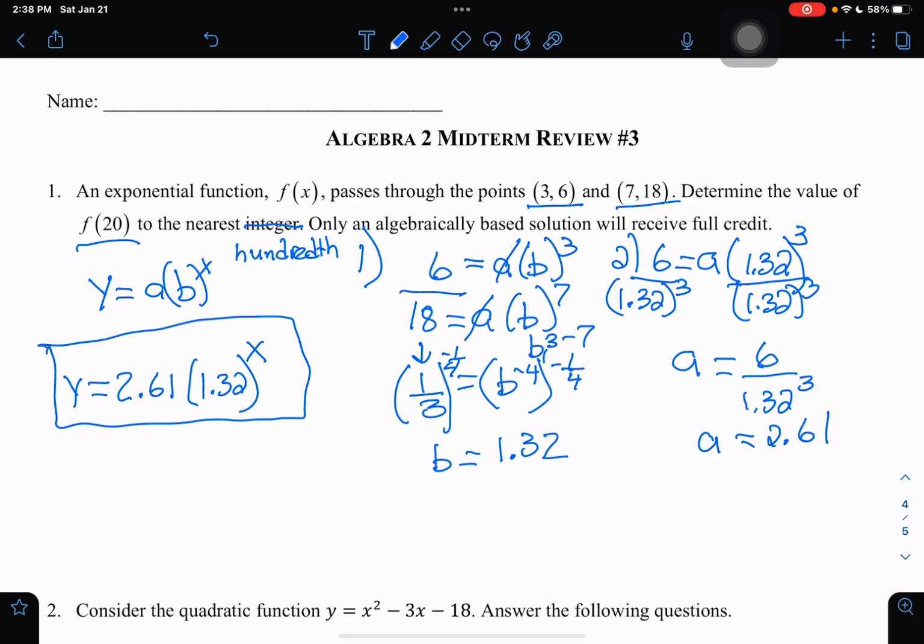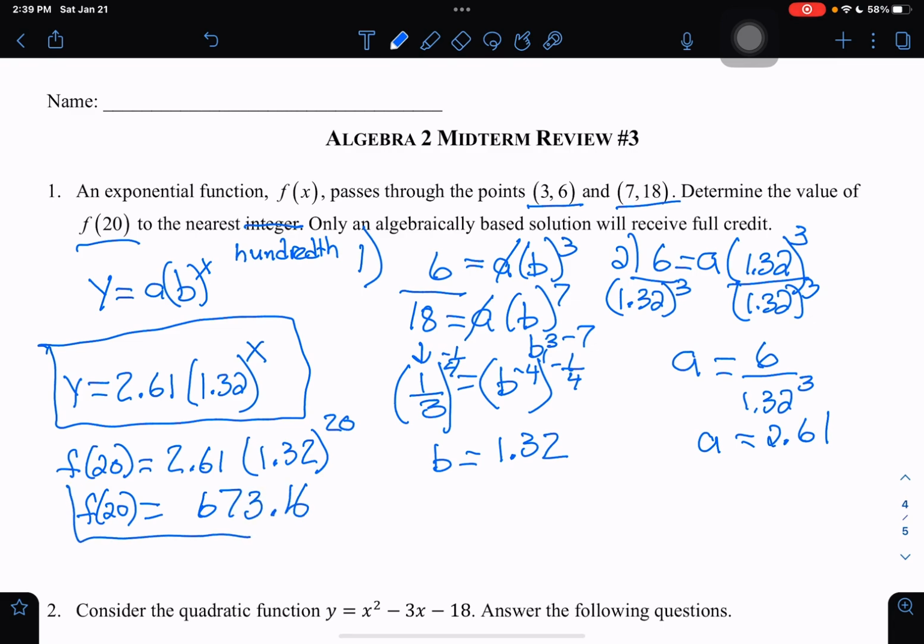The other part is to evaluate for x equal to 20. So f of 20 is equal to 2.61 times 1.32 raised to the 20th power. If you put that in your calculator, you'll get f of 20 equal to 673.16. That's the second part.